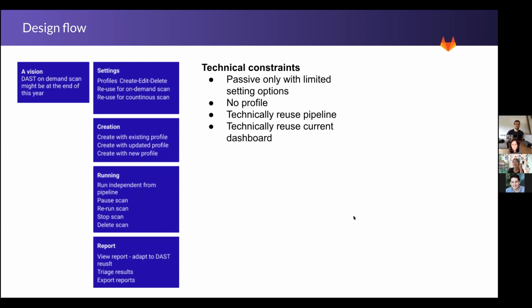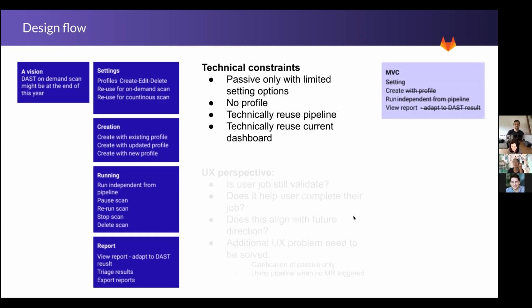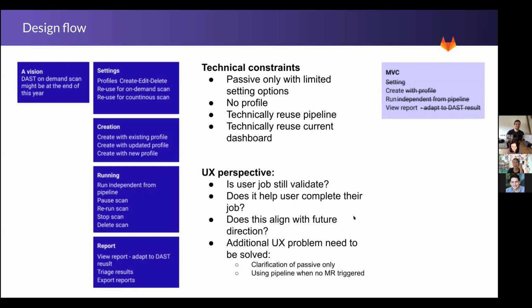So we talk with the engineers about what is deliverable in maybe one or two milestones, and it goes down to features like create, run, view, report, the very basic steps. And it's limited to passive scan only, with no profile at the beginning. From the UX perspective, I always ask: when it's narrowed down to MVC, is the job still valid? Are we still helping people run security scans outside of their cycles, with no time limit, and change their settings?